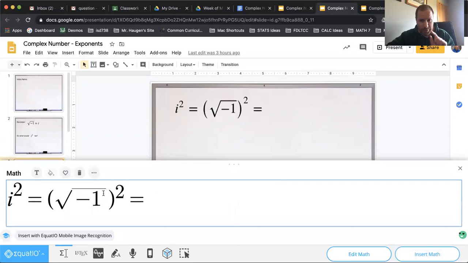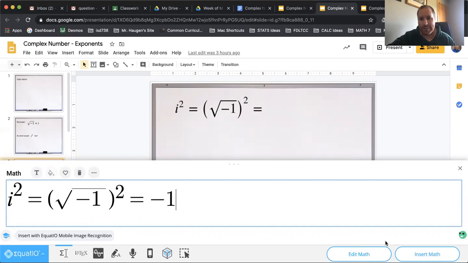Now we've got to be a little careful though. This does not become 1. A lot of people think that whenever we square something, it becomes positive. That's with real numbers. We're working with something a little different, the complex numbers right now. So this squared just cancels the square root. It does not cancel this -1. The squared and the square root are the only things that cancel each other.